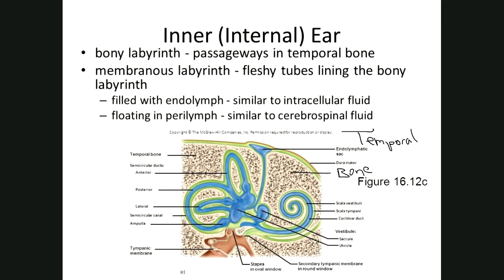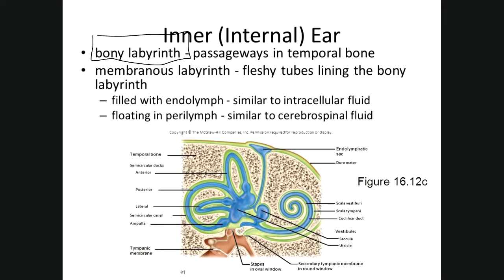It's like a racetrack, and the shape of it is kind of complicated. This shape is called a labyrinth. In other words, there is a hollow pathway, a hollow labyrinth, inside the bone. And that's exactly what it's called, the bony labyrinth.